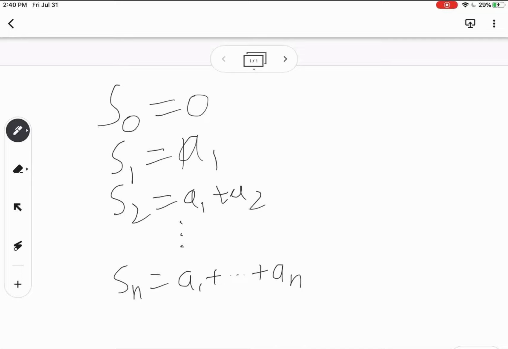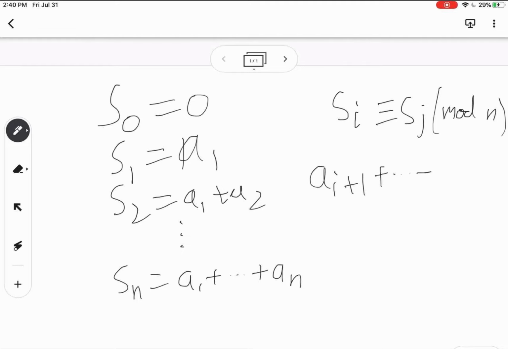If Si is congruent to Sj mod n, meaning Si and Sj have the same remainder, then A(i+1) plus all the way to plus Aj is divisible by n, right? Because this equals Sj minus Si. So another important thing about Pigeonhole is that sometimes you can use some sort of partial sum.